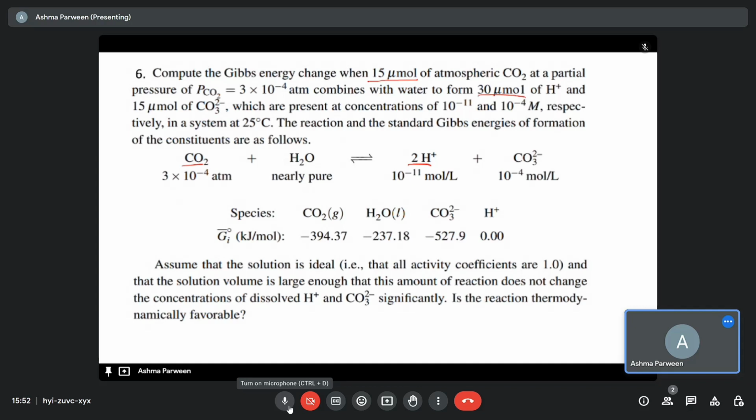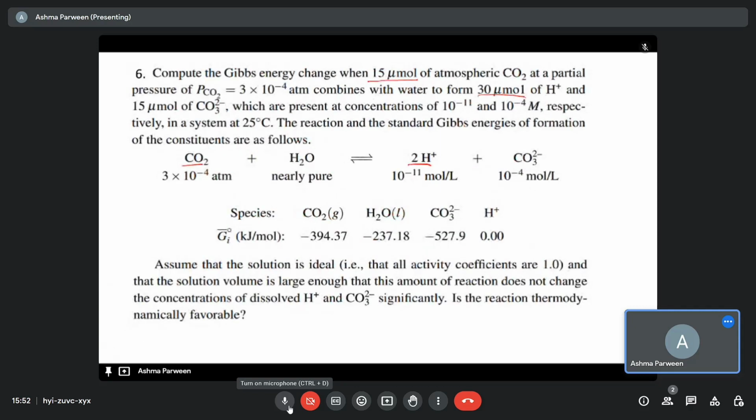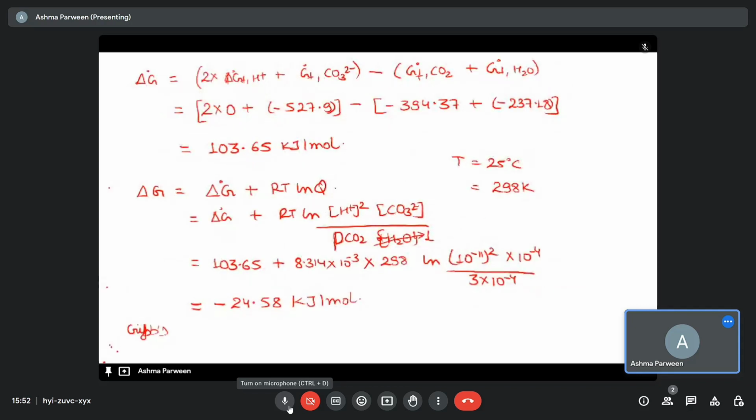So the Gibbs energy change will be equal to the Gibbs free energy which we have just calculated, times the change in number of moles of the reaction.